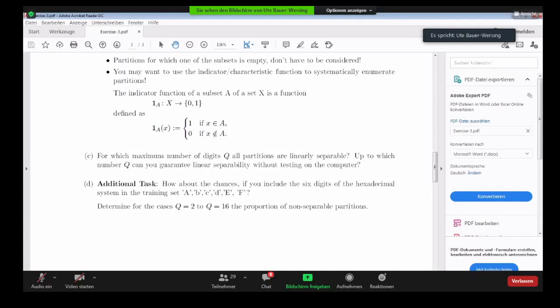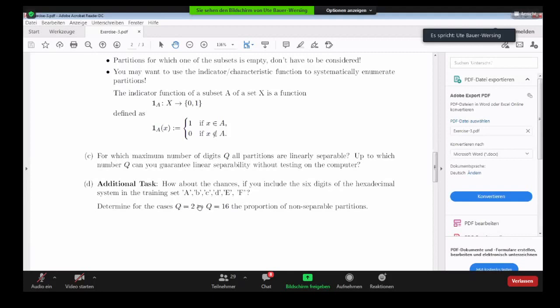And this is basically the task in part D. The last part of this exercise now explores how the number of non-separable classification tasks increases when you increase the number of training samples. So A and B were about 10 training samples, Q equals 10, right?